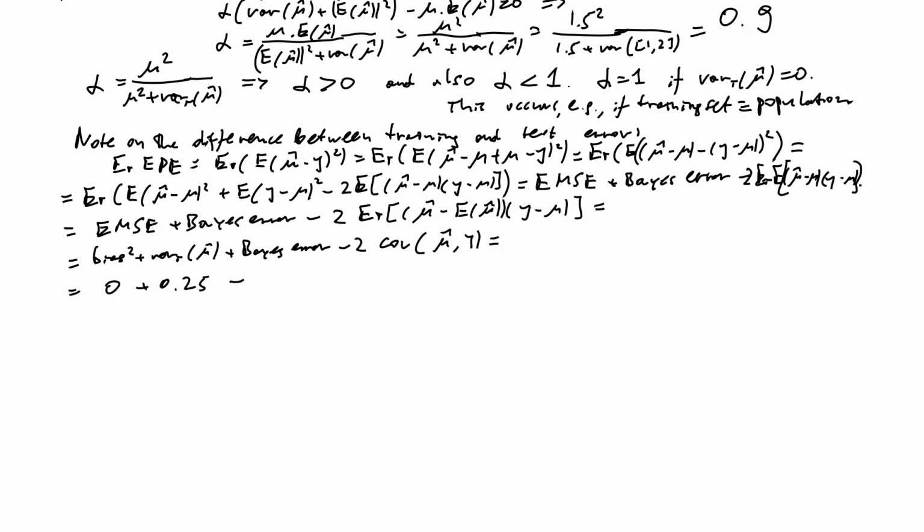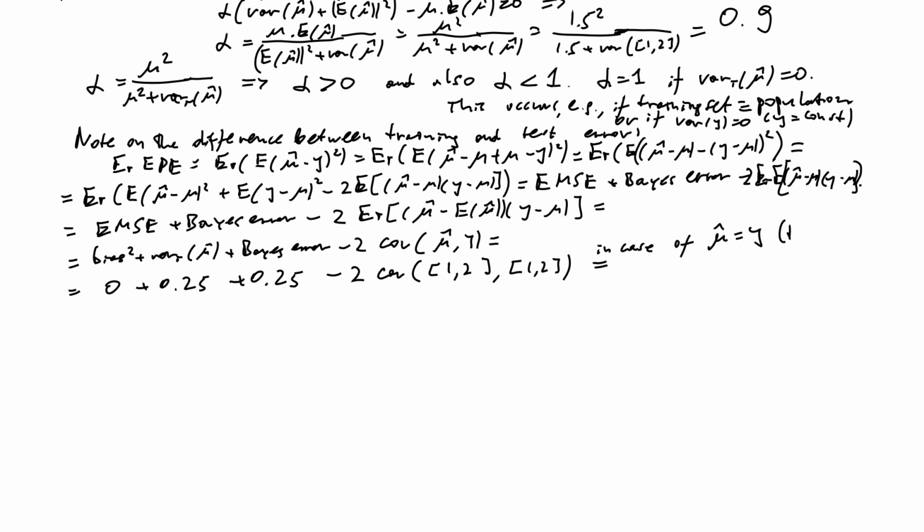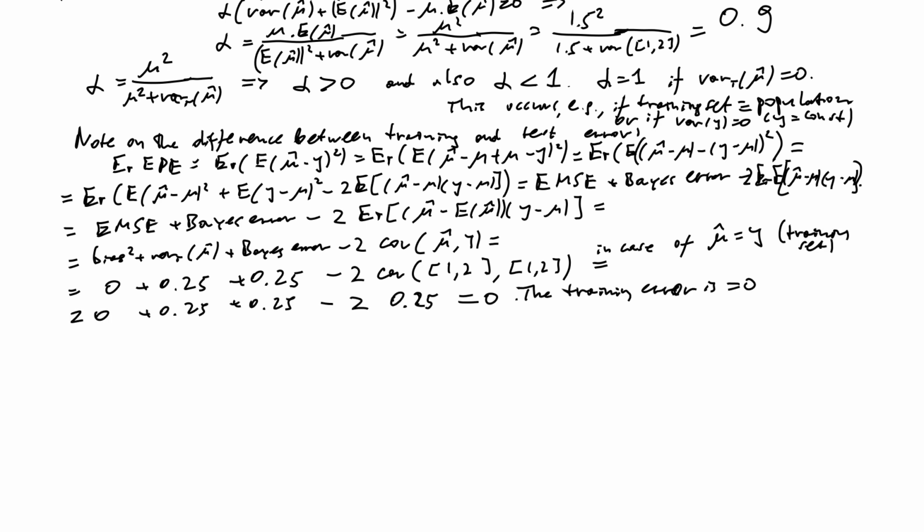If we decompose the expected prediction error, we can see that there are actually three terms: expected mean square error, Bayes error, and covariance between mu hat and y, so between the test examples and mu hat. Normally it is 0, because y are test examples and mu hat is from the training set. However, if y is from the training set, then there is covariance.